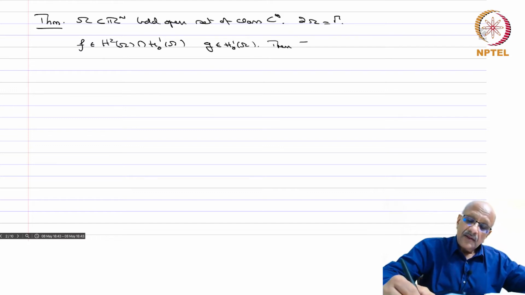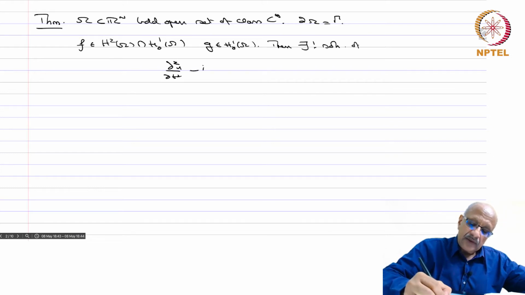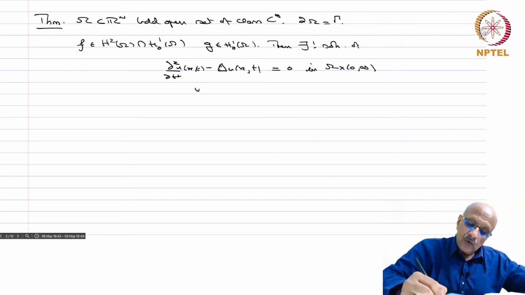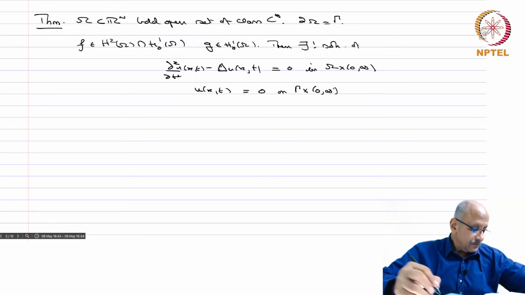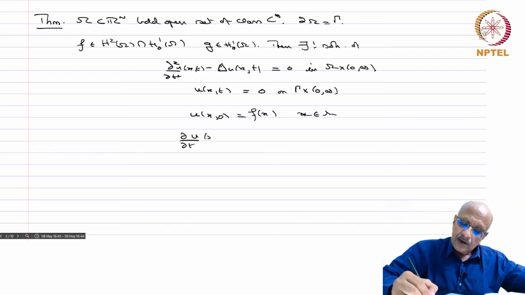Then there exists a unique solution of d²u/dt² minus Laplacian of u(x,t) equal to 0 in omega cross (0, infinity), u(x,t) equal to 0 on gamma cross (0, infinity), u(x,0) equals f(x), x in omega, and du/dt at (x,0) equals g(x), x in omega.